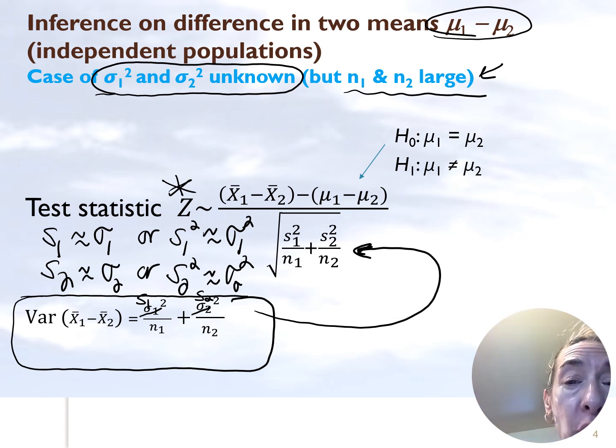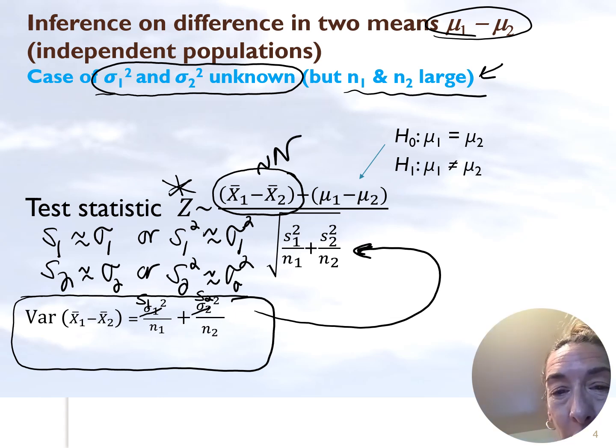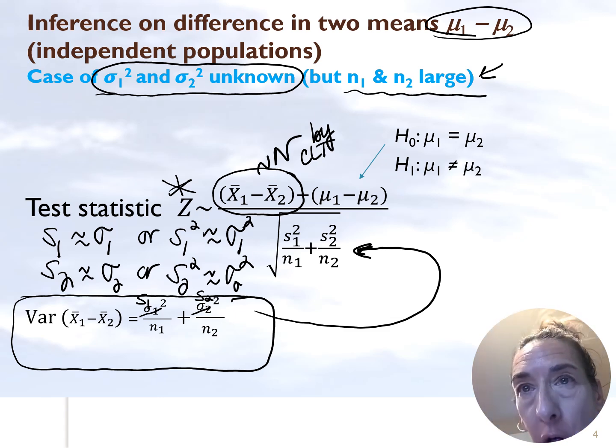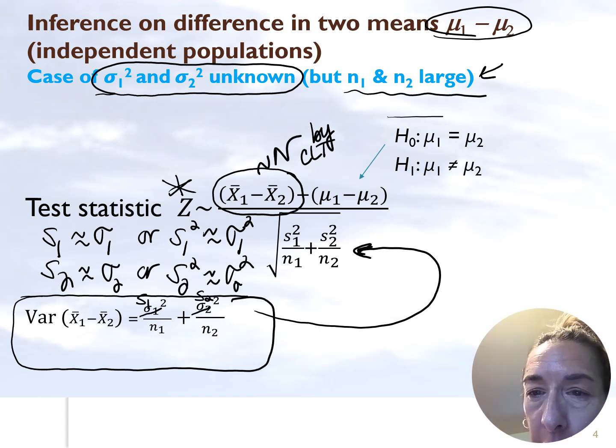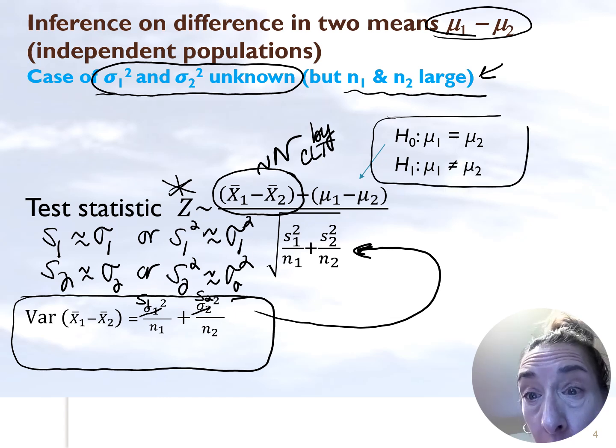Of course, with our sample sizes large, we know that that quantity will be normally distributed by application of the central limit theorem, and also knowing that a linear combination of normally distributed random variables is also normal. This is often what our null and alternative hypotheses look like when you are performing inference on the difference in two means.